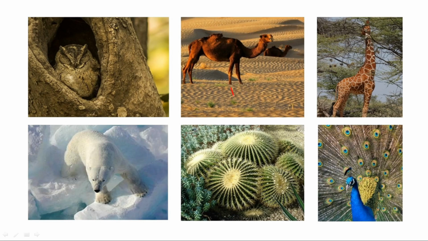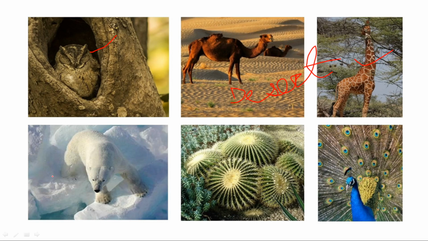Here everywhere you will see the sands. Look, inside the tree this owl is making a home. Look here. This is what you have seen in Nandankanal. This is a giraffe. Look, the giraffe is eating leaves from higher branches.